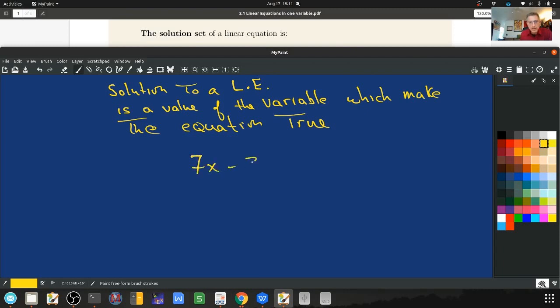Just up above, I gave you the example, 7x minus 3 is equal to 18. Well, let's let x be equal to 2 and see if that's a solution. What I do is I replace x by the value of 2, and I evaluate this side of the equation. 7 times 2 is equal to 14, and 14 minus 3 is equal to 11. And we wanted it to be equal to 18.